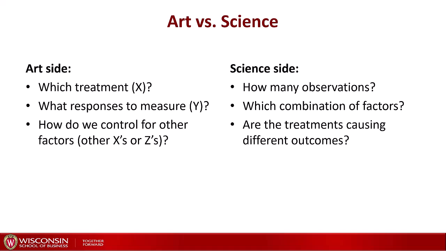And you have the science side, so how many observations do you need to reliably detect an effect? Which combination of factors to apply and measure? What are the treatment causing the different outcome? So all of these, it's part of statistics and you can answer it by doing some math.